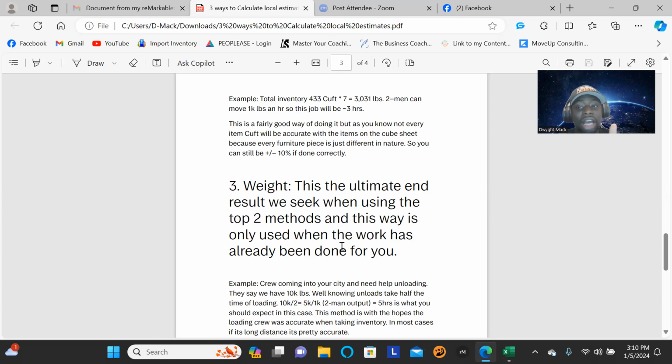So now you're going to have to divide that 1,600 by 7 to get the weight. Once you get the weight, then you're going to have to figure out what your output is, how many pounds a guy can lift on their own. So everything is going to revert back. But having these 3 different ways of being able to quote will make your life so much easier than just going with one way.